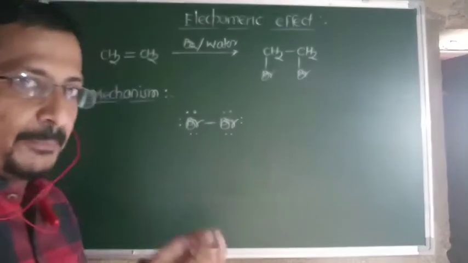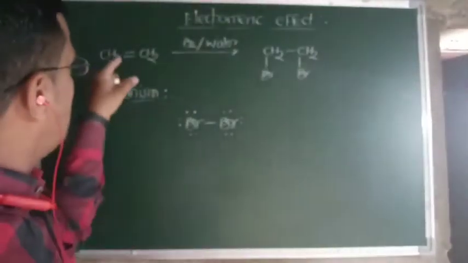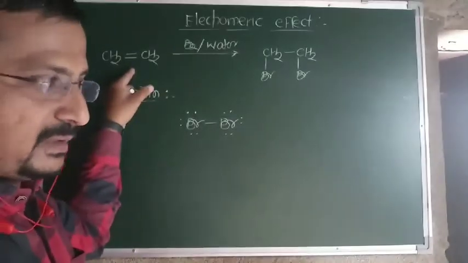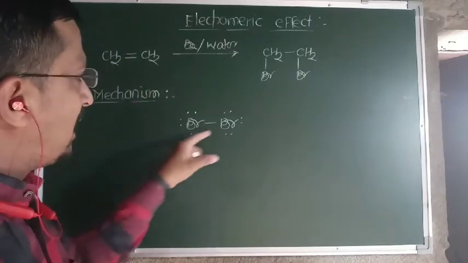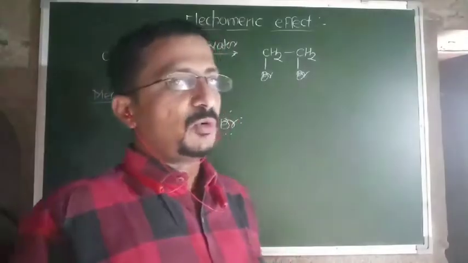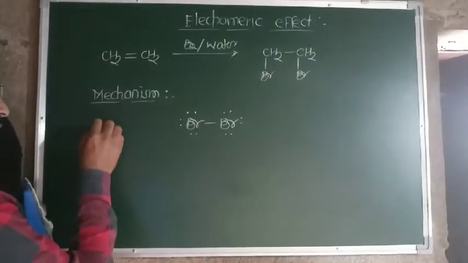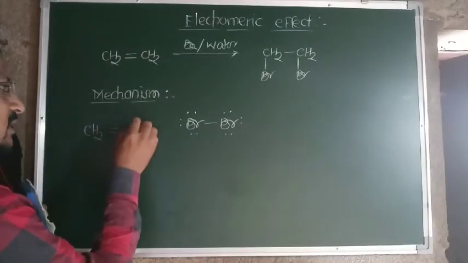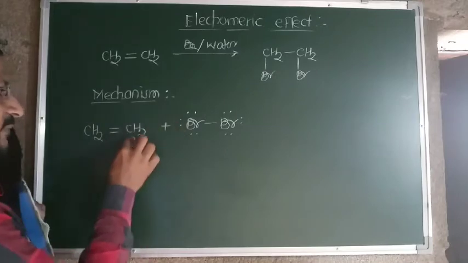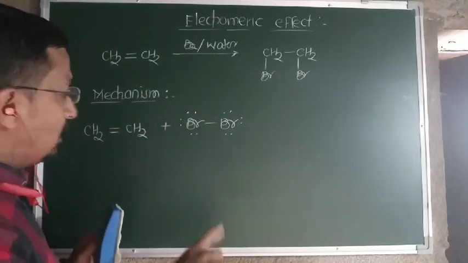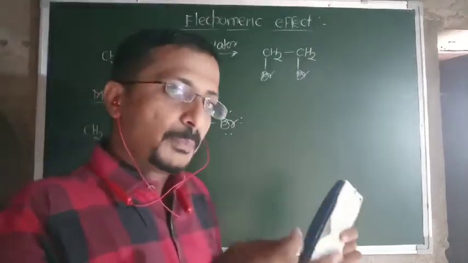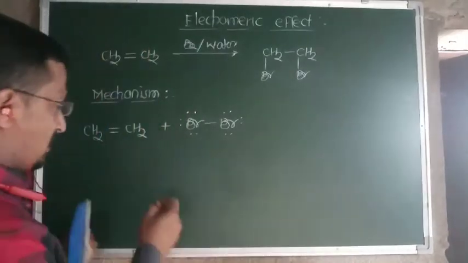When this bromine approaches the alkene, that is ethylene, then the pi bond of ethylene and the lone pair on each bromine have an interelectronic repulsion. Due to that repulsion, the pi bond is shifted onto one carbon atom, resulting in the production of polarity in the molecule itself.